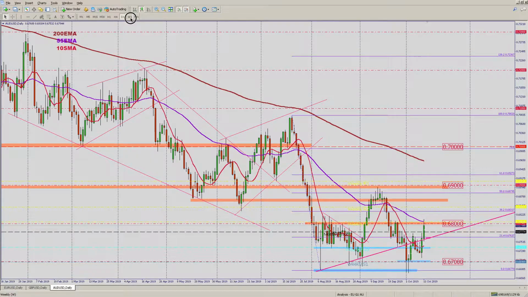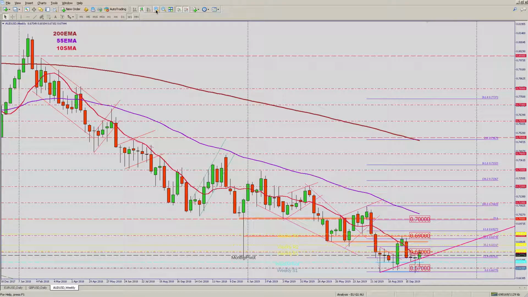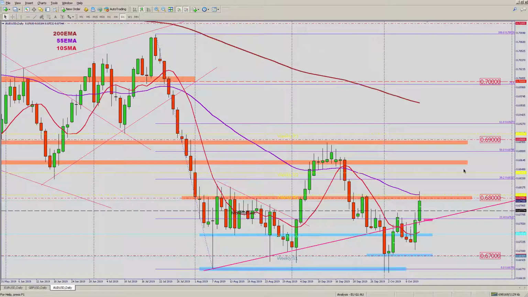On a weekly time frame, after a doji and small spinning top, it has climbed back up towards the weekly R1, and we'll see what the new weekly pivots are for next week.